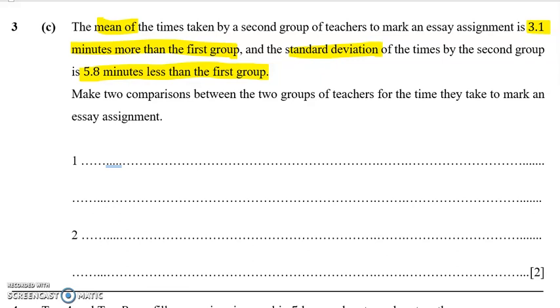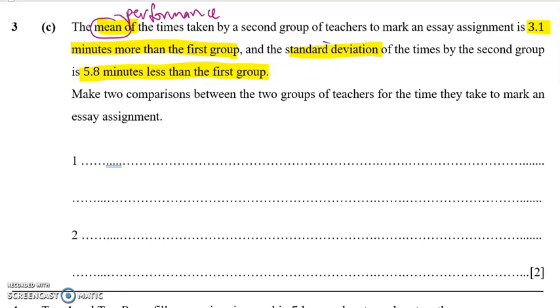We simply have to talk about the performance of the two groups. The group which marks faster, the group which uses a shorter mean amount of time to mark, would be considered faster.